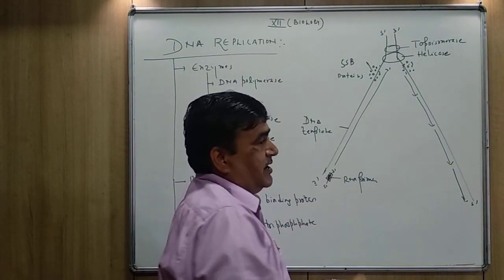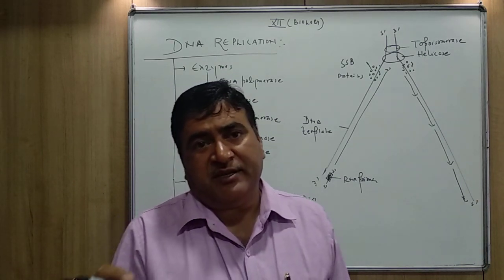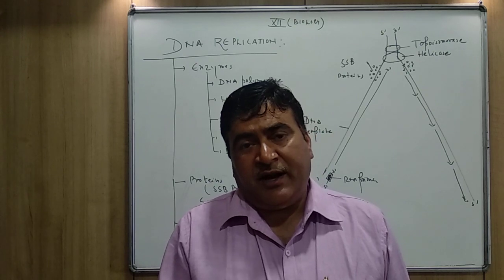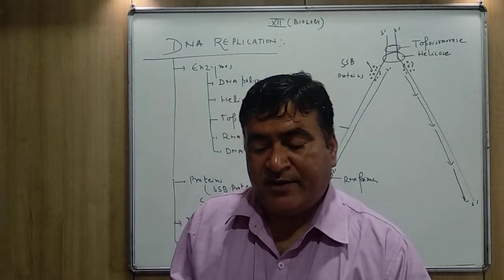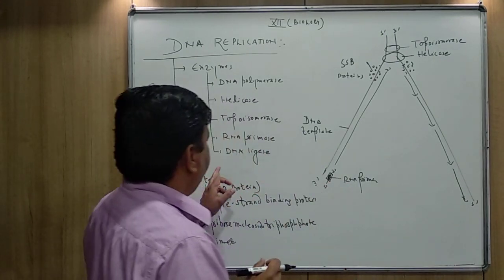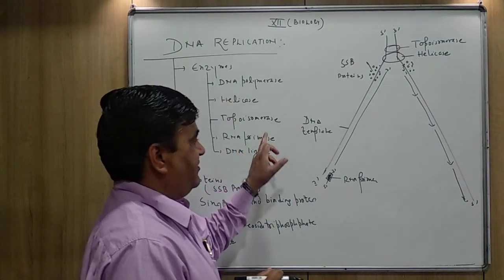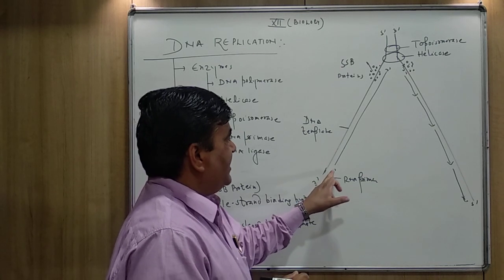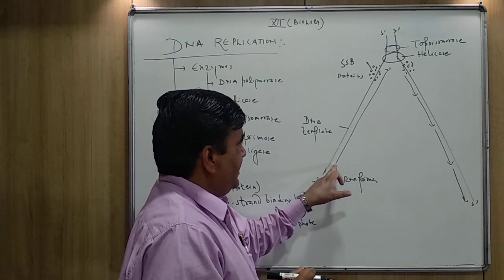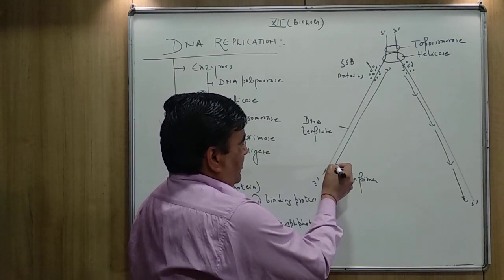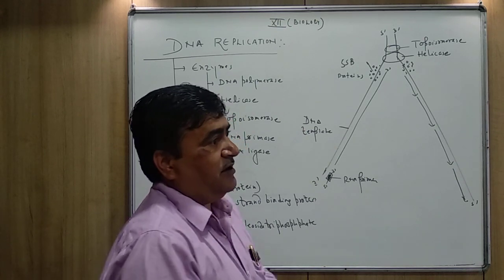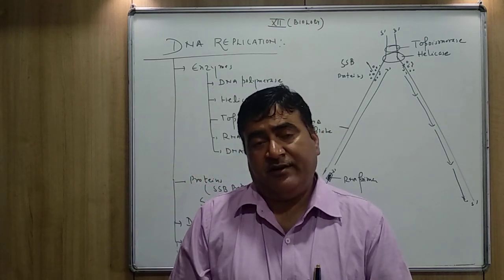Actually, the RNA primer is a short chain of ribonucleotides, and this short chain is synthesized in the presence of an enzyme called RNA primase. It provides the 3 end, and the 5 end of the deoxyribonucleotide joins with the 3 end, forming the phosphodiester bond.